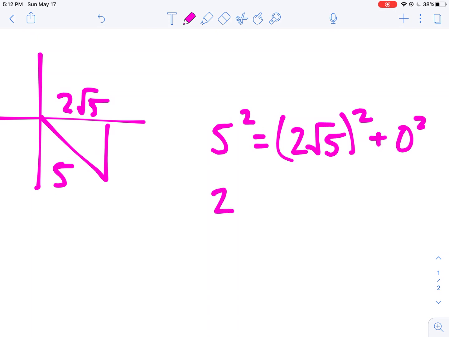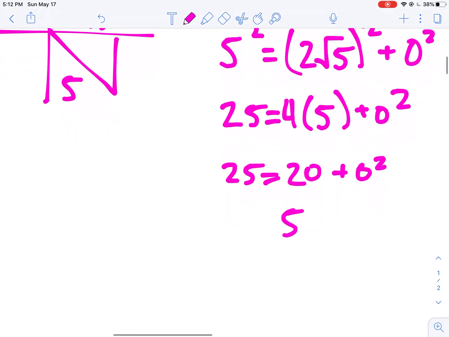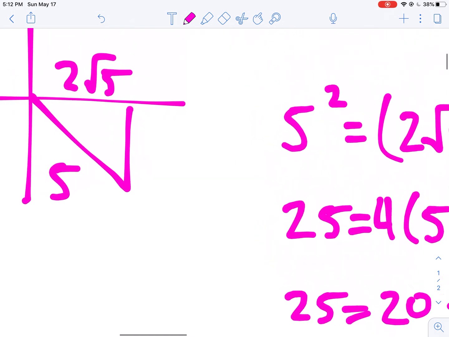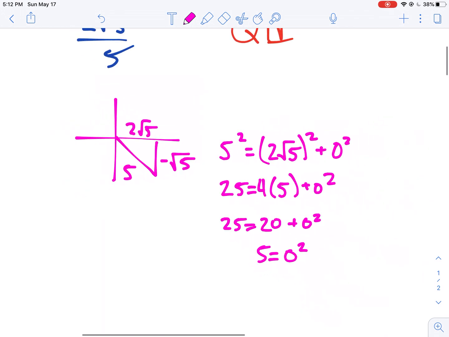So I get 25 is equal to 4 times 5 plus opposite squared. 25 is equal to 20 plus opposite squared. 5 is equal to opposite squared. Well, that means my opposite here is going to be the negative square root of 5.